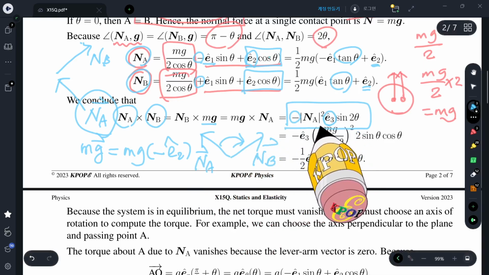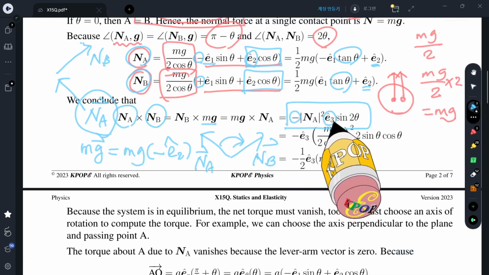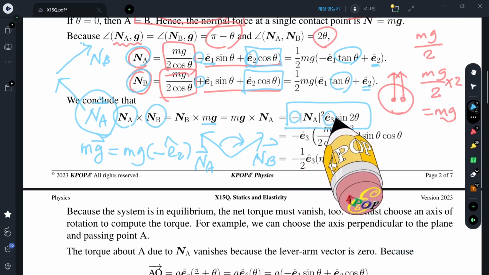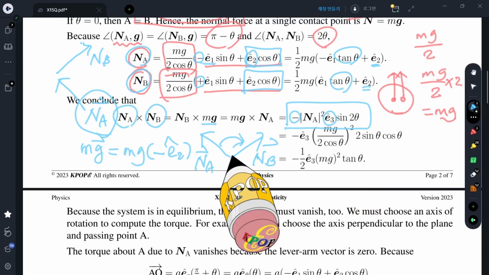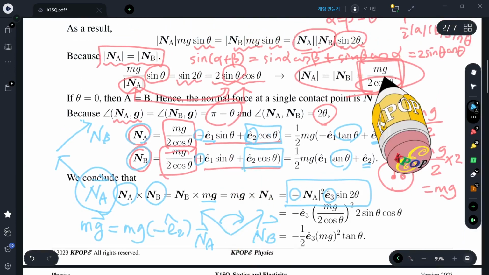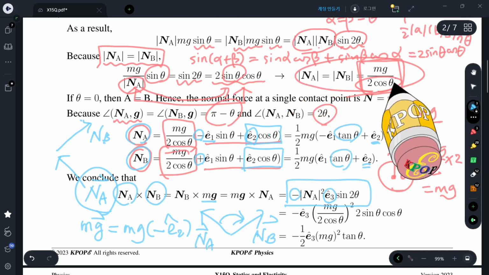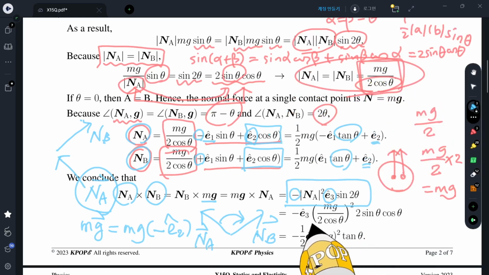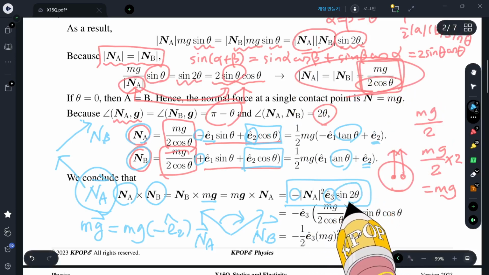It is along the negative E3 direction, that is going into the paper screen.